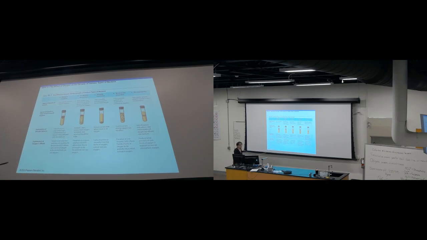Now, there is an actual explanation for why this happens. For instance, in the case of these obligate aerobes, they have enzymes like catalase and superoxide dismutase that can neutralize toxic forms of oxygen.